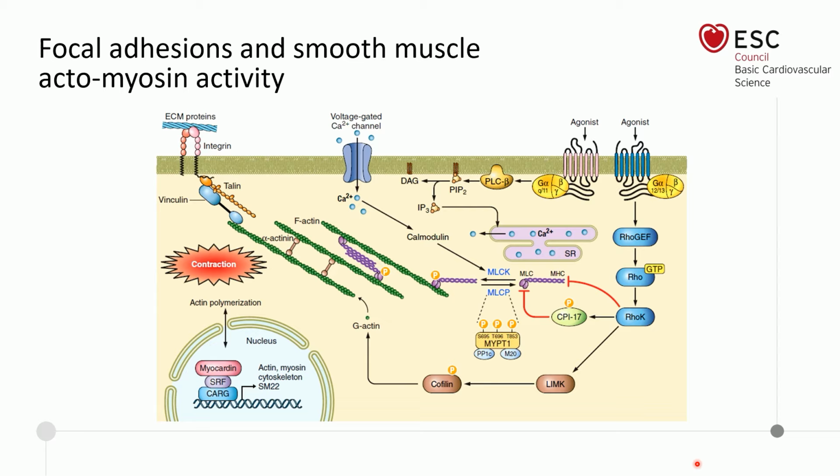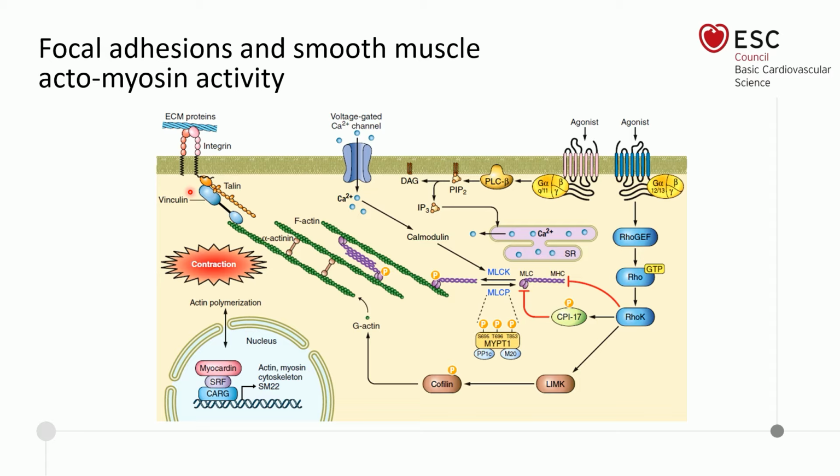But by interfering with focal adhesions, we also interfere with many signaling pathways within the vascular wall and within the vascular smooth muscle cell. And we should be able to act either at the level of focal adhesions on the left side or at the level of contractility on the right side.